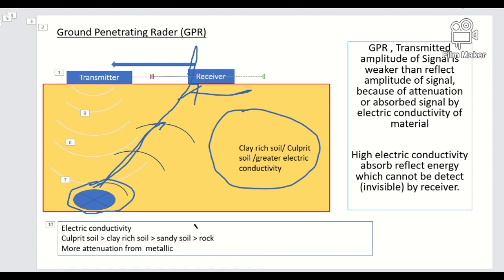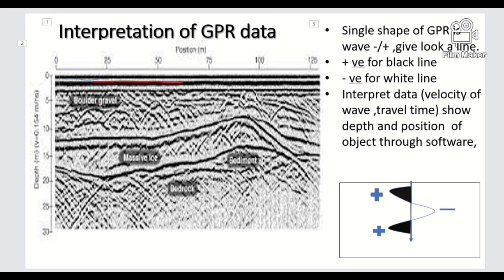After the GPR test, the data is collected from the GPR machine equipment through the memory card, and it will be put into the analysis software. So after analyzing, we can get this type of image. In the image, they will analyze the depth of the object or any layer, and the position of the object.